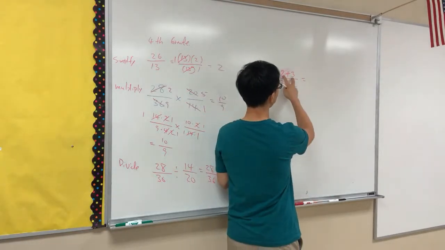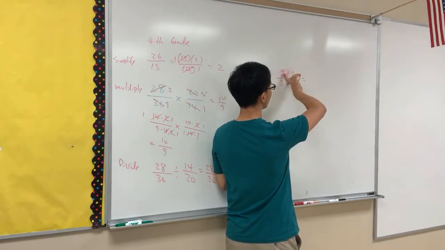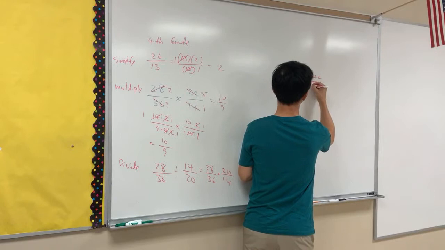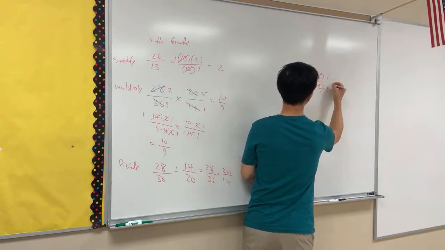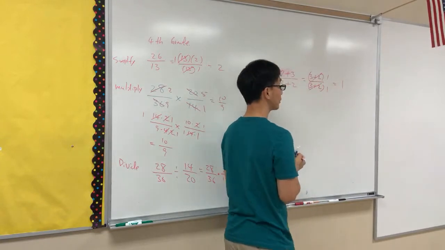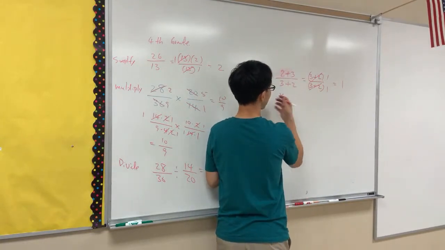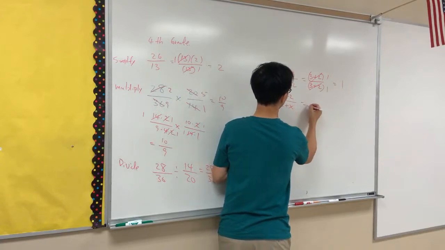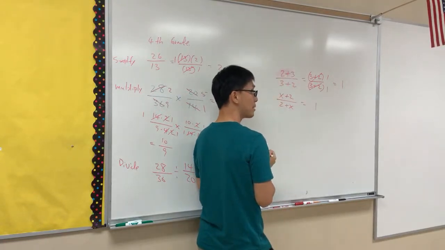Due to the commutative property, can I do 3 plus 2? Yeah. And they can cancel out, become 1. That's equal to 1, right? That's also equal to 1. Does that make sense? Although the order is different.